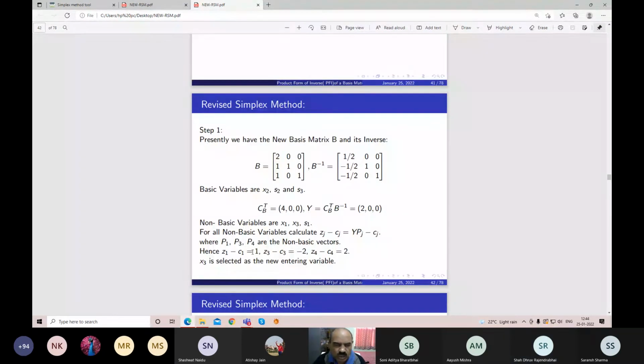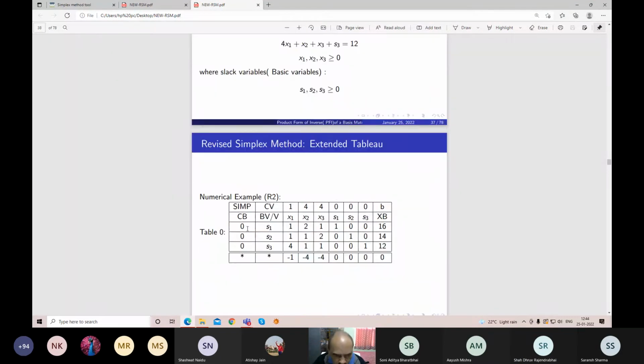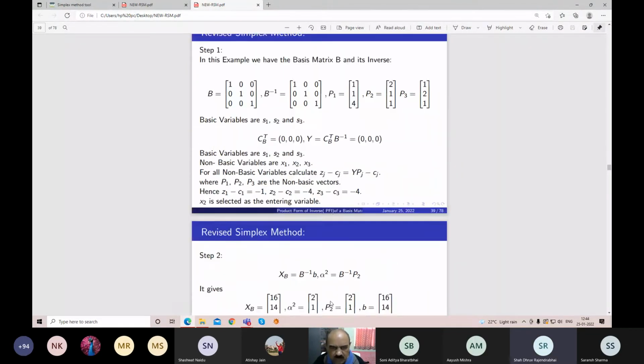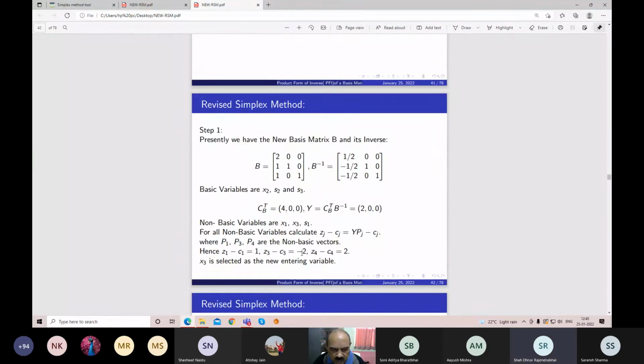Similarly, 200 inner product with the third column, 1, 2, 1, minus 4. How much it will be? Minus 2. First one is positive, second one is negative, minus 2.